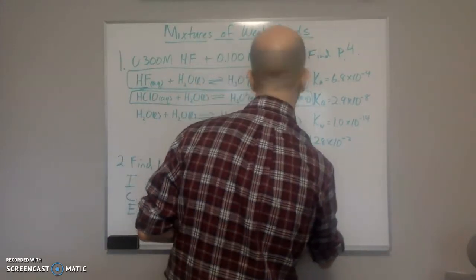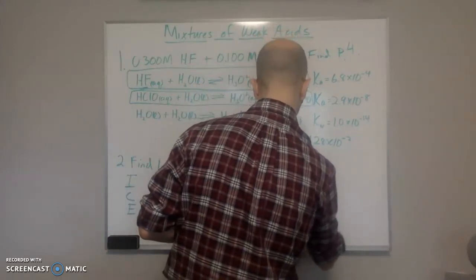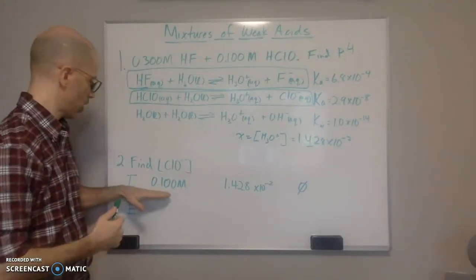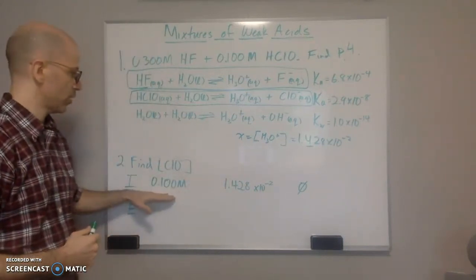And then we're starting with zero amount of the ClO minus. So these are our initial concentrations that we're starting with.